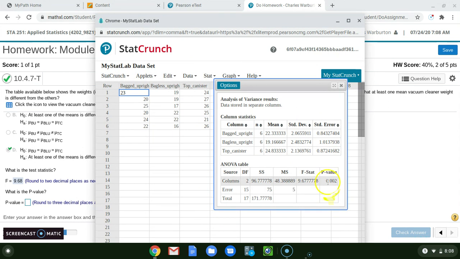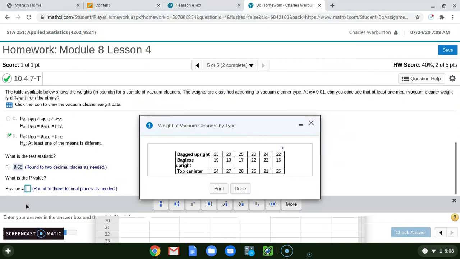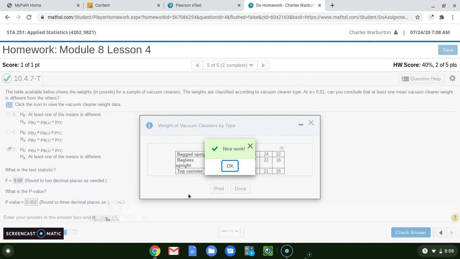And you can see the probability is very small, 0.002, less than 1% probability. Okay, so that is the p-value.